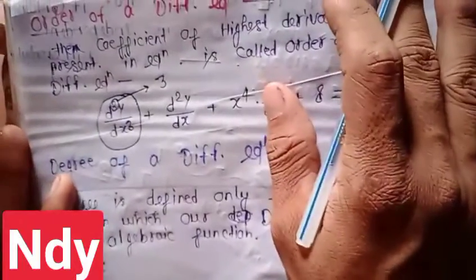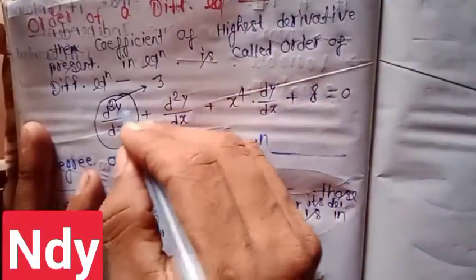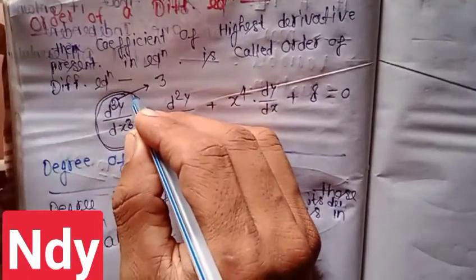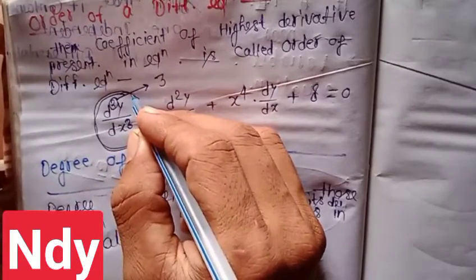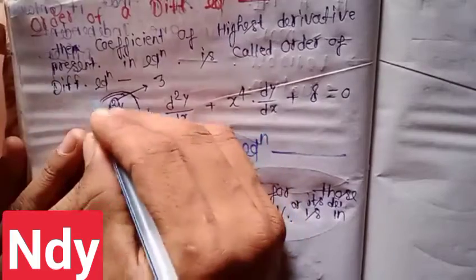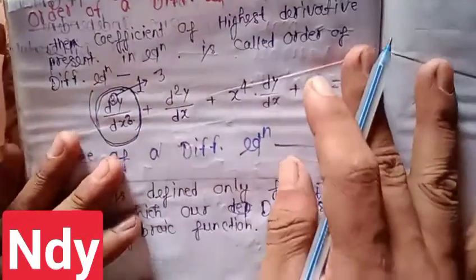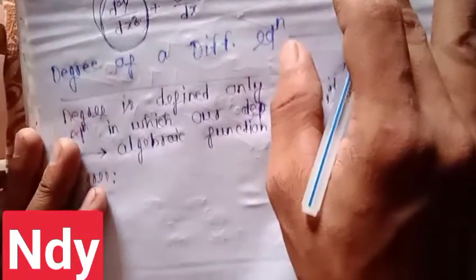So, for example, in this case the term which has the highest derivative is this, and its power is 1, so the degree of the differential equation is 1.